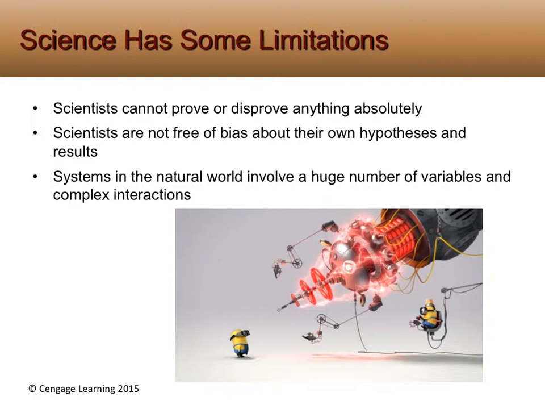Systems in the natural world involve a huge number of variables and complex interactions, and that's what's really tricky. One example is when we test a new medicine, and keep in mind that for a new medicine to come aboard, it usually takes about 10 years of research and trials. We do what are called epidemiological studies, where we give 5,000 people the medicine and 5,000 people a placebo, and we see what the effects are.